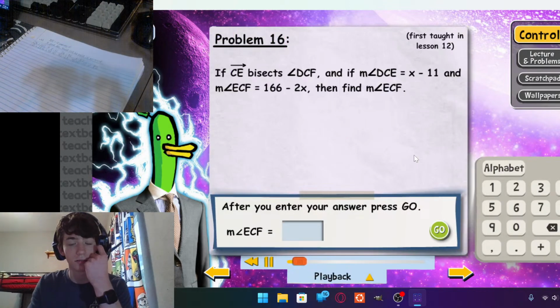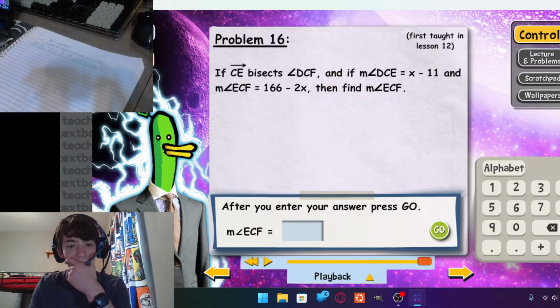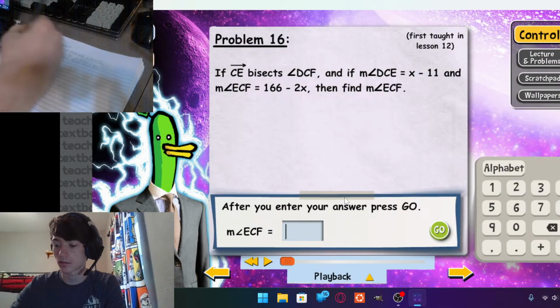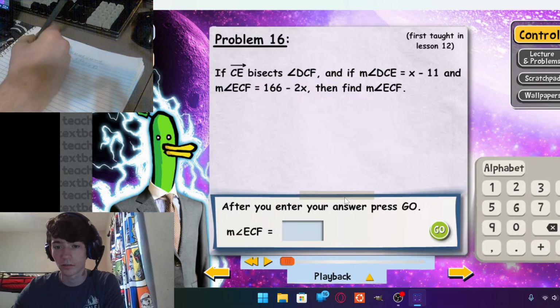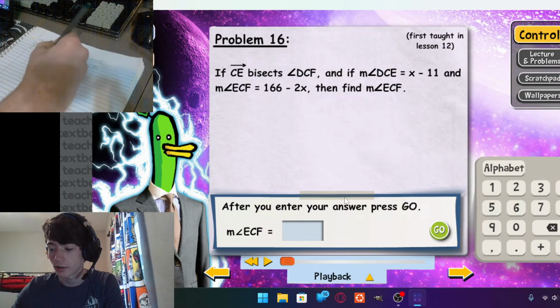If ray CE bisects angle DCF, and if the measure of angle DCE equals x minus 11, and the measure of angle ECF equals 166 minus 2x, then find the measure of angle ECF. Since ray CE bisects, okay. So x minus 11 is going to equal 166 minus 2x.